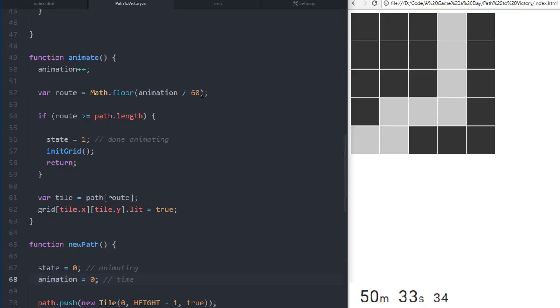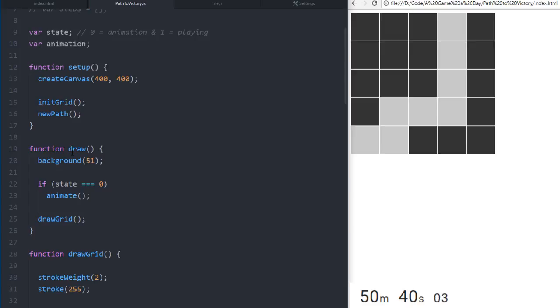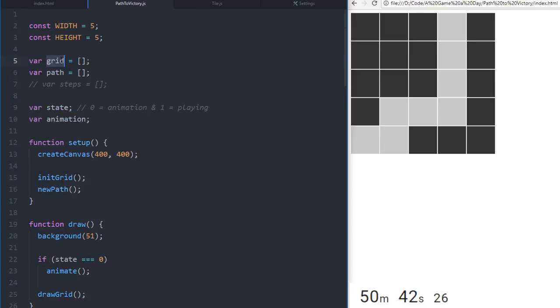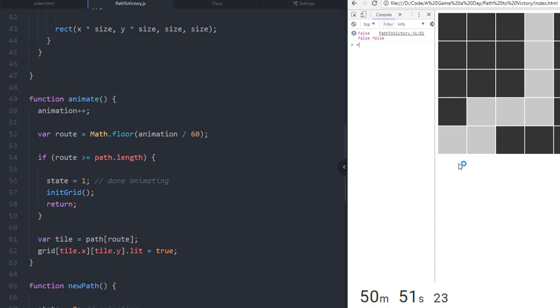Animate. Init grid should say grid is a new set of stuff. So if route here, animation, 480 divided by 60, path, 8 of them.